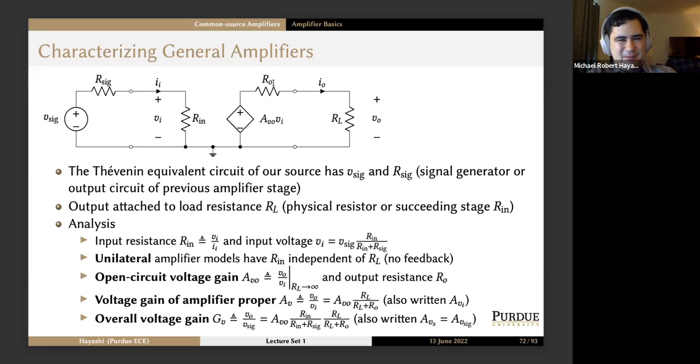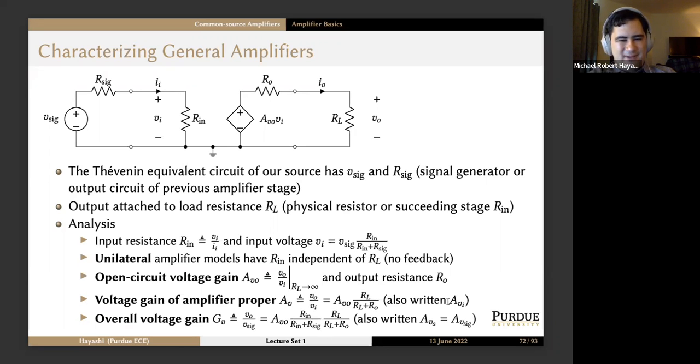And then we also have this output resistance RO. The voltage gain of the amplifier proper is a long-winded term for AV, which is VO over VI when RL is in place. So this is just another voltage divider.